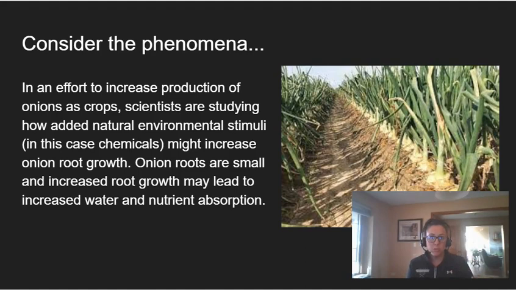Now remember, the roots of an onion are where water is absorbed, but also nutrients. So the thought process is that if scientists could find a chemical that could induce root growth, where roots could grow more quickly, that might aid the growth of the overall onion, because normally onion roots tend to be small, and if roots were bigger, they could absorb more water to do more photosynthesis, and they could absorb more nutrients from the soil.